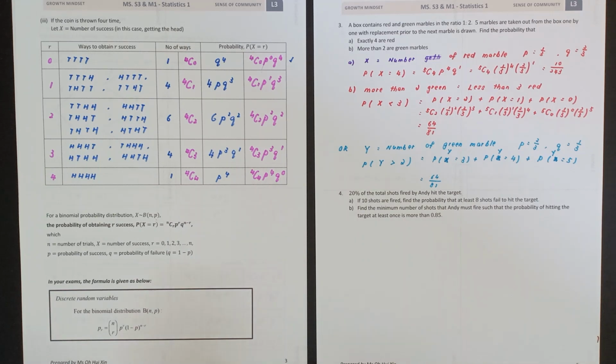So it's the same thing, it depends on you whether you want to say which one is your success, which one is your failure. Normally I prefer to refer back to the question, so you can see that for A they're asking about failing to hit, but for B they ask about the probability of hitting.